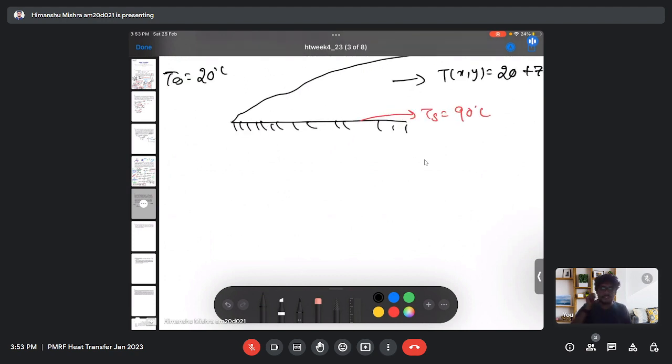So there will be heat transfer from the surface to the next subsequent layer by conduction, and within the fluid there will be heat transfer due to convection. So we can equate the same relation.